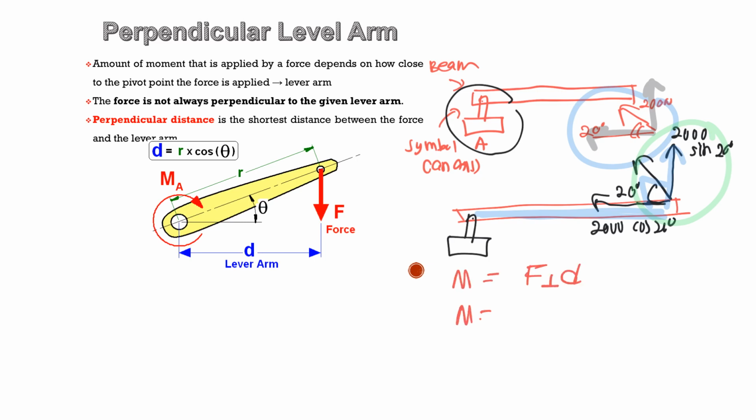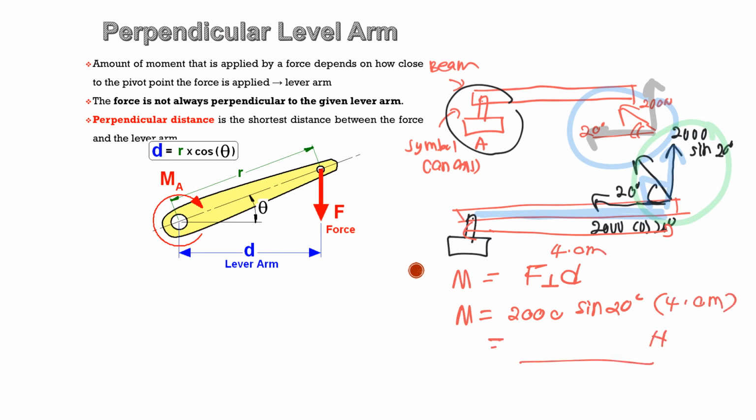So the moment here is going to be the force, 200 sin 20 degrees, multiplied by the lever arm. Example, your lever arm from the force up until the axis is 4.0 meters. You multiply by 4.0, then you get the answer, where the unit is going to be Newton meter, or sometimes in your book it's put as meter Newton. It's basically the same thing.